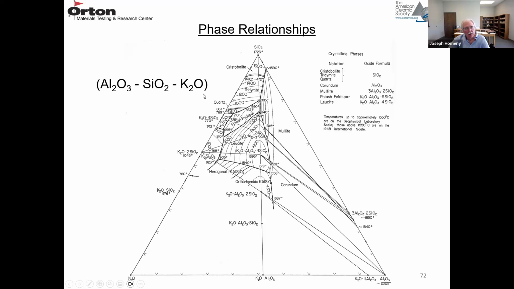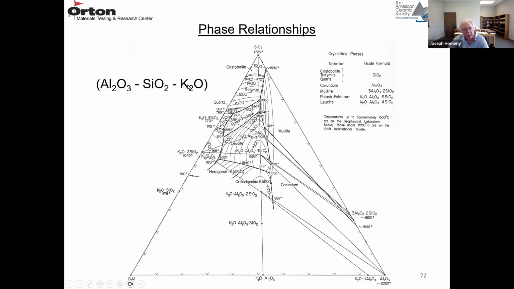alumina, silica, and potassium oxide. So this side of the phase diagram, silica, alumina, is just the binary that we've been looking at, with the compound mullite. And here's potassium. And what I wanted to show, here's the primary mullite field and the corundum field.